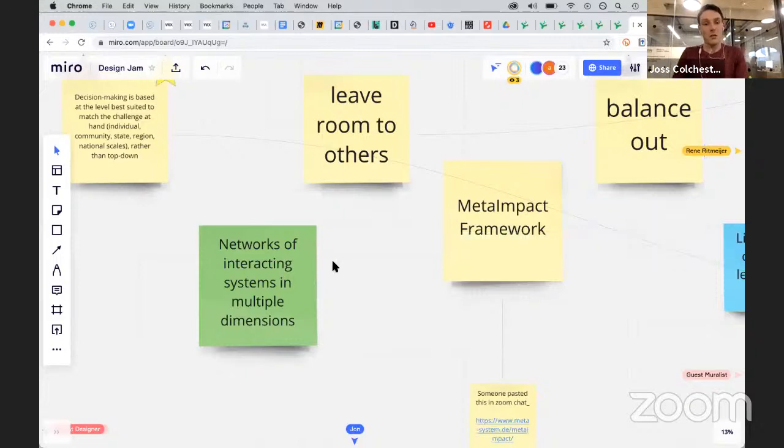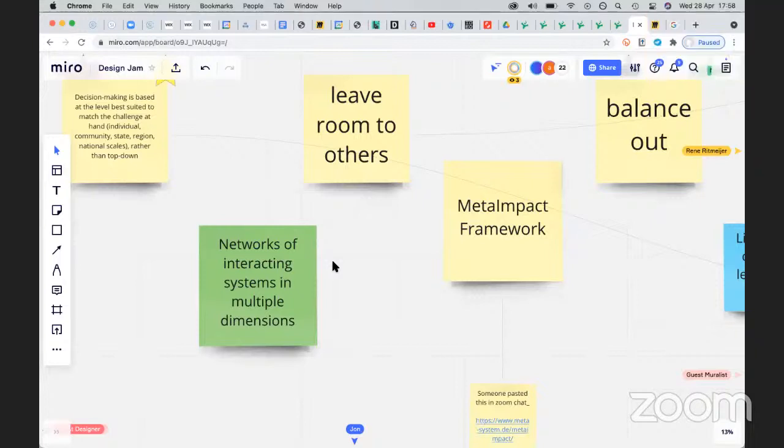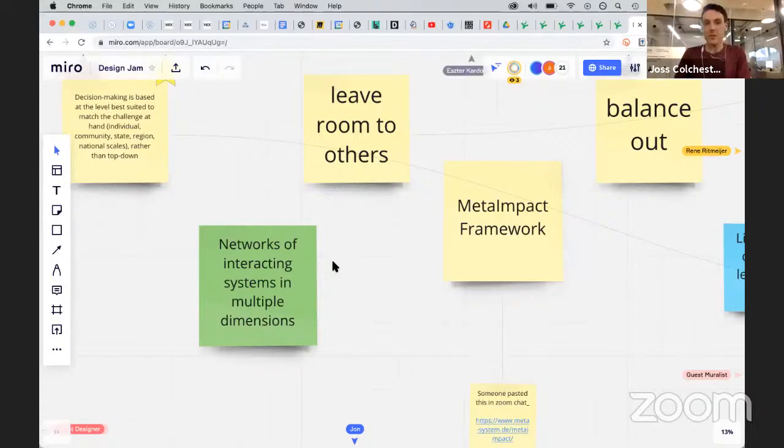So what networks of interacting systems in multiple dimensions. Yeah, this is important, this networked way of looking at it. And I think ultimately it's the nature of reality when you're dealing with complex systems, that they're these multi-layered networks, multi-dimensional networks.